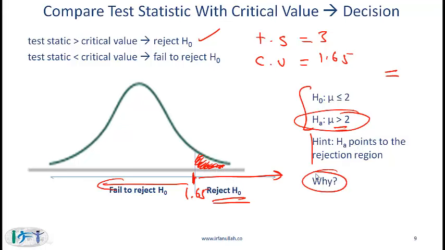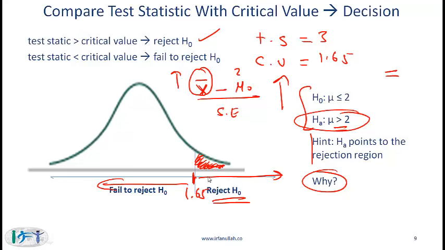In case you are wondering why, I'll give you a brief explanation now, and as you spend more time with hypothesis testing, this will make more sense. Now, think about the formula for the test statistic. The formula was x bar minus mu naught, which is the hypothesized value, divided by the standard error. Let us just focus on the sample statistic relative to the hypothesized value. If the hypothesized value is 2, and your x bar is a very big number relative to 2, then that is going to increase the value of the test statistic.